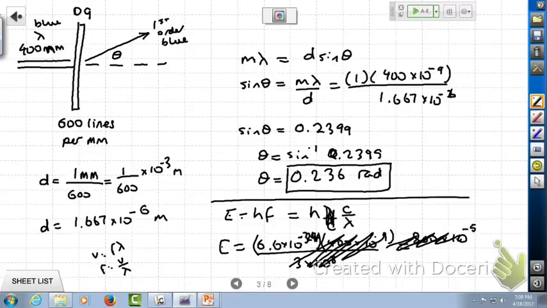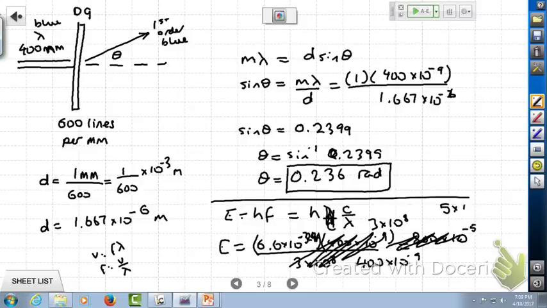So that's going to be c, 3 times 10 to the 8 over lambda, which was 400 times 10 to the minus 9. 3 6s are 18, and a bit more makes 20. 20 over 4 is 5.